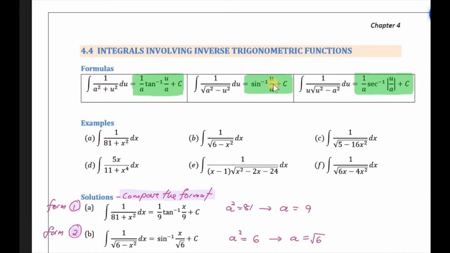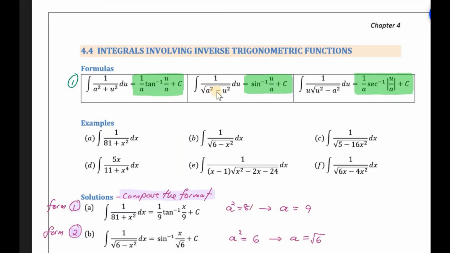We need to have formulas. Up to your level, we have 3 forms of formula given in our formula list. If you have to integrate 1 over a squared plus u squared du, the answer is this one. It is an inverse trigonometry answer.